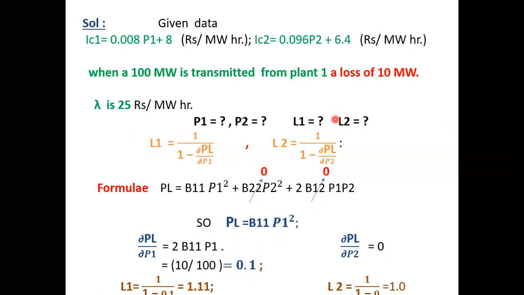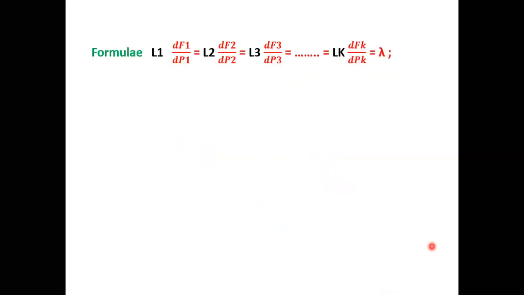Once you know L1 and L2, by using them we have to find P1 and P2. How can you find P1 and P2? By using again the basic condition: L1 into df1 by dp1 equals L2 into df2 by dp2, and so on, equals lambda. Here we are taking only 2 power plants, so we consider L1 into df1 by dp1 equals L2 into df2 by dp2 equals lambda.